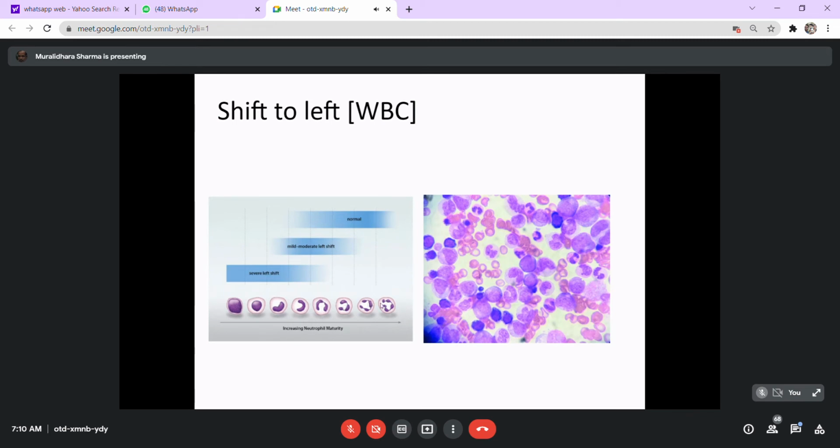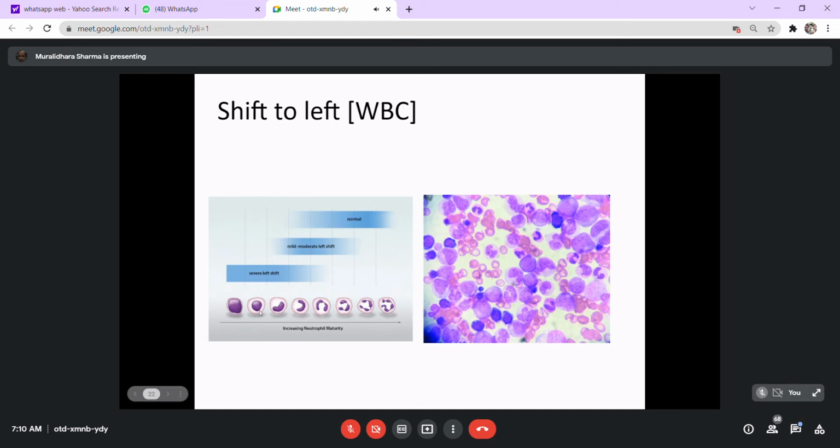But when the WBC becomes older, an older WBC retained in the plasma would have many more lobes. When a WBC has more than 5 or 6 lobes in the nucleus, we say that there is a hypermature WBC remaining in the circulation.